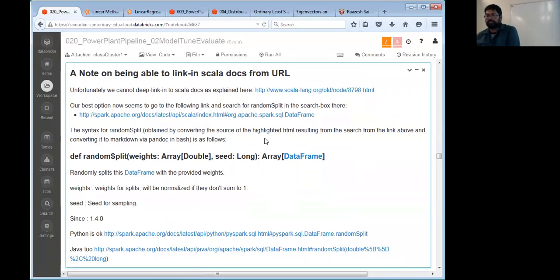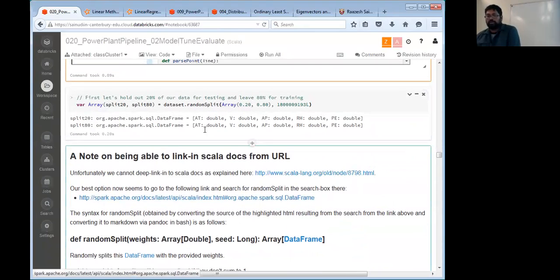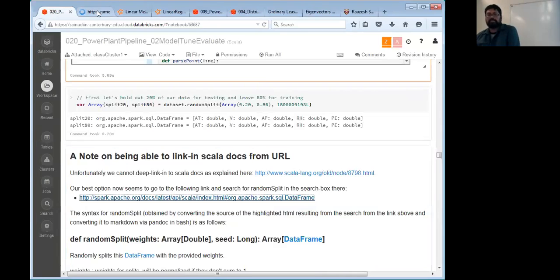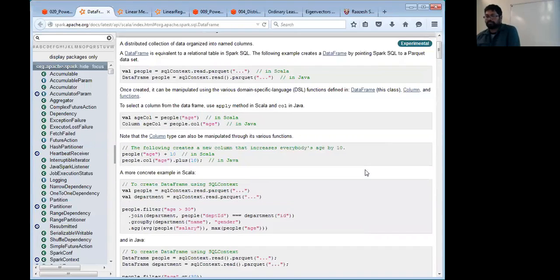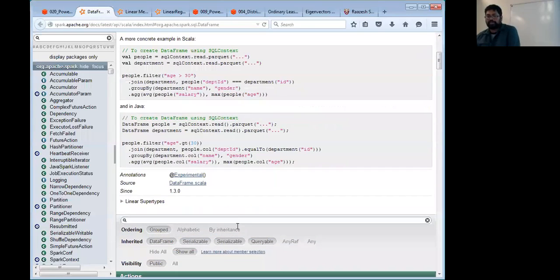So for example, if you want to know about this method, randomSplit, we know it's actually a method of DataFrame. So all you have to do is go to the API docs for DataFrame. Let's open in a new tab. Once you go here, you should be able to search. This gives you a very quick blurb about what DataFrame is, and a quick example.